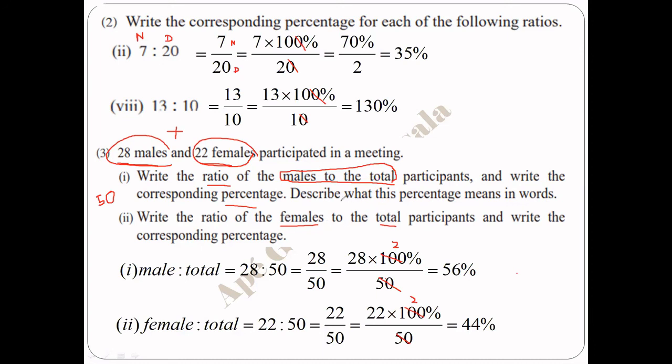Here they asked to describe what this percentage means in words. That is Roman number 1. What is this percentage? How to describe that in words? 56% means male to total is 56%.